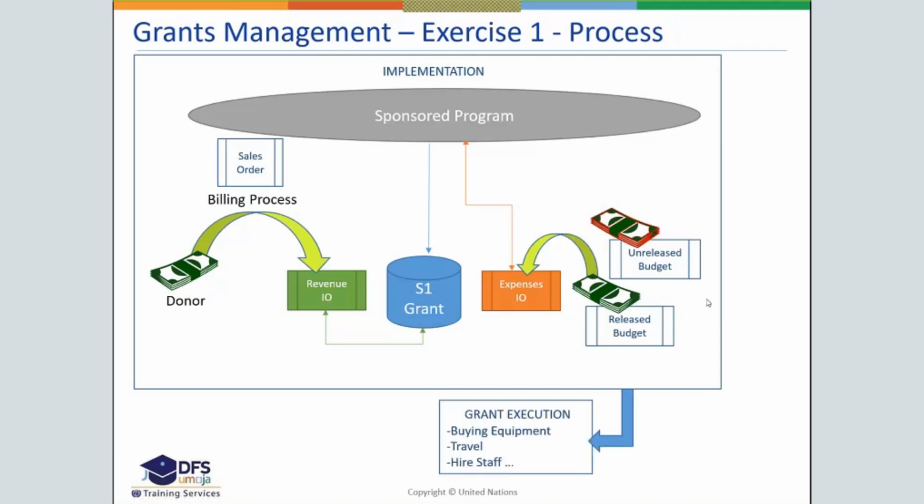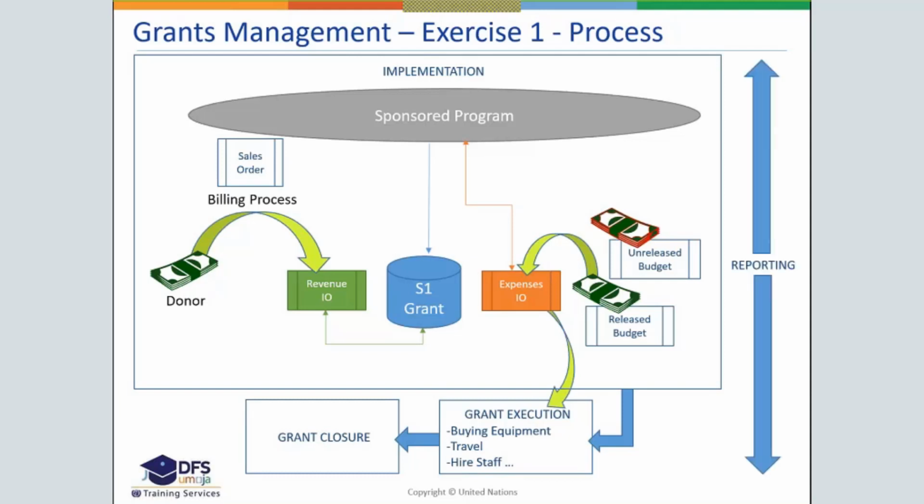After that, the grant execution will come, and the grant execution will consume budget from the one we have already released, and after everything, the grant will be closed. And during the whole life, we will report. This is for you in more detail: the components that we will have and how they are linked to each other. Okay?